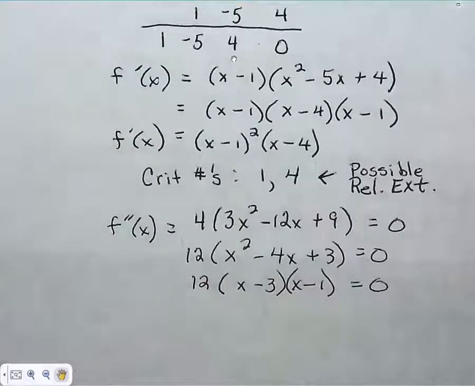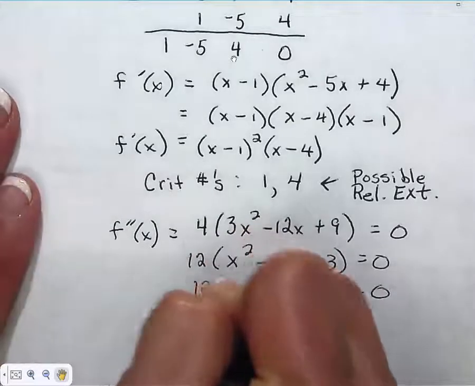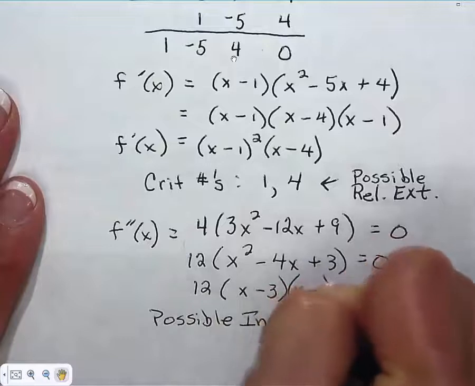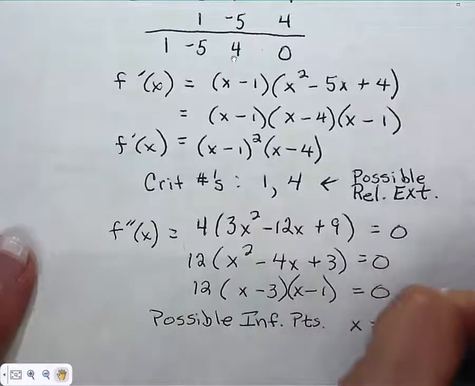So what makes the second derivative 0? 3 and 1, and those are possible what? Possible inflection points. Hey, 1 is either a relative extrema or a point of inflection. I don't know which. I'll find out which. Possible inflection points are at 1 and 3.